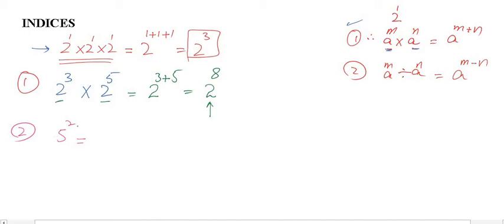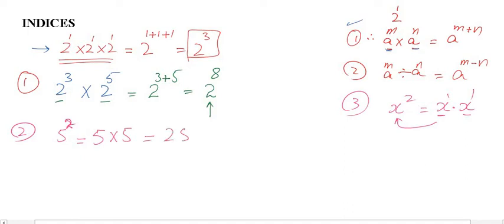The power 2 means x squared is x times x. So the number 5 multiplies itself as many times as the power. The power is 2, so we multiply 5 times 5, which gives 25.